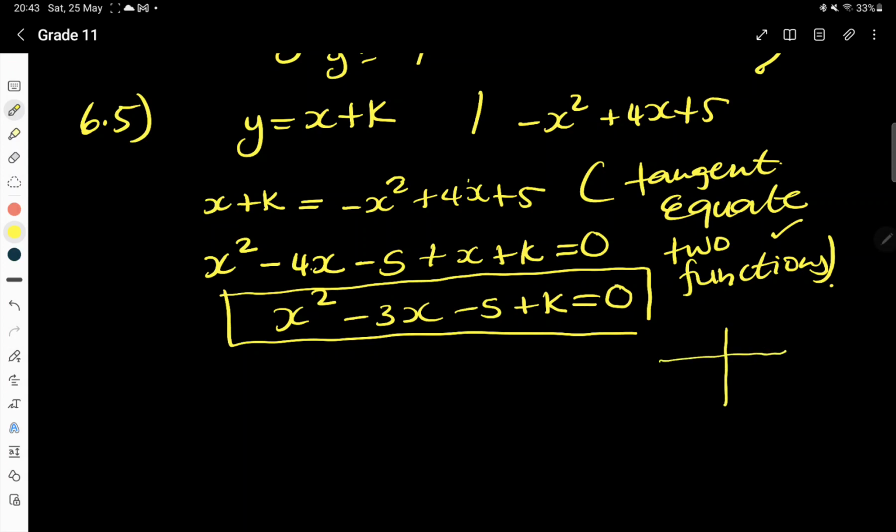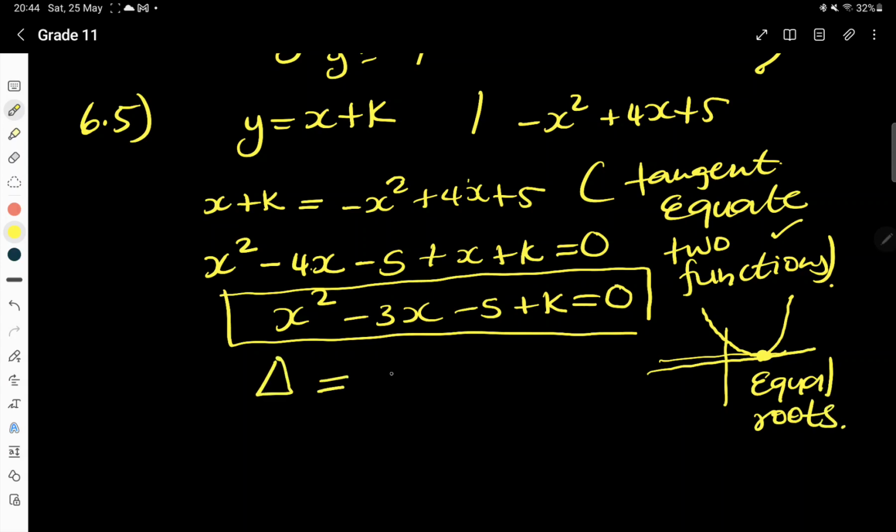At one point, it is a tangent. So the nature of roots is equal roots. You must know that it's equal roots. That's why delta equals 0.